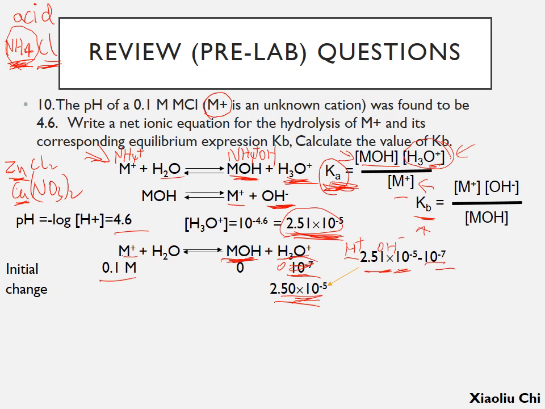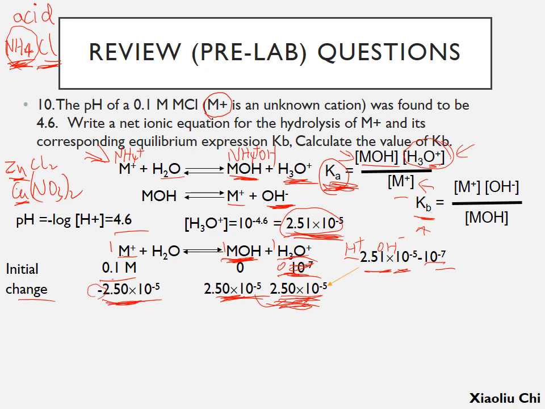And therefore, this is the same. You generate the same amount of hydrogen ion and MOH. And the reactant reacted is also the same, because of the stoichiometry, you see the coefficients 1, 1, 1. Whenever we generate this amount of hydrogen ion, you generate also this amount of MOH, and you reduce.